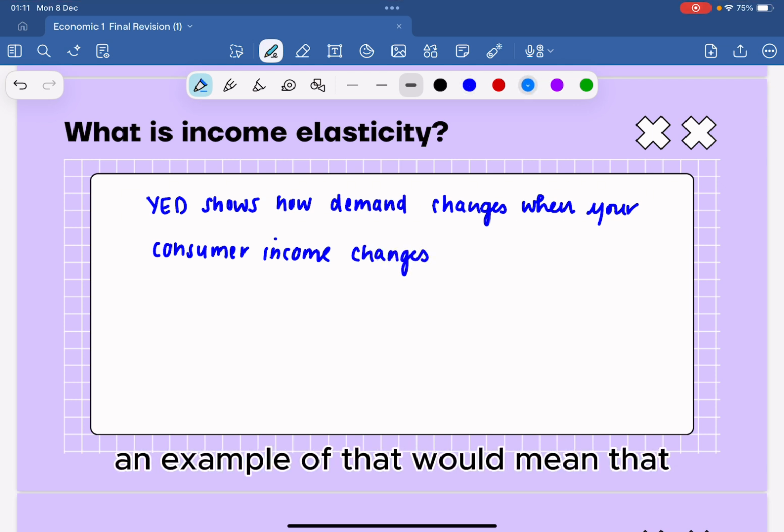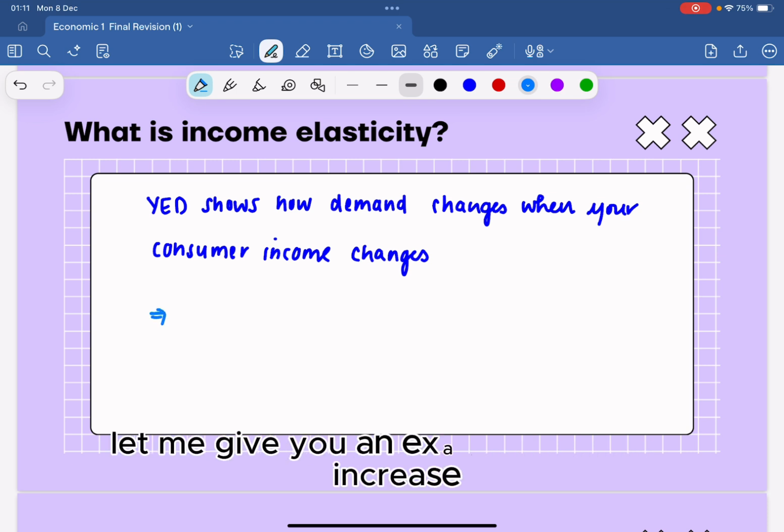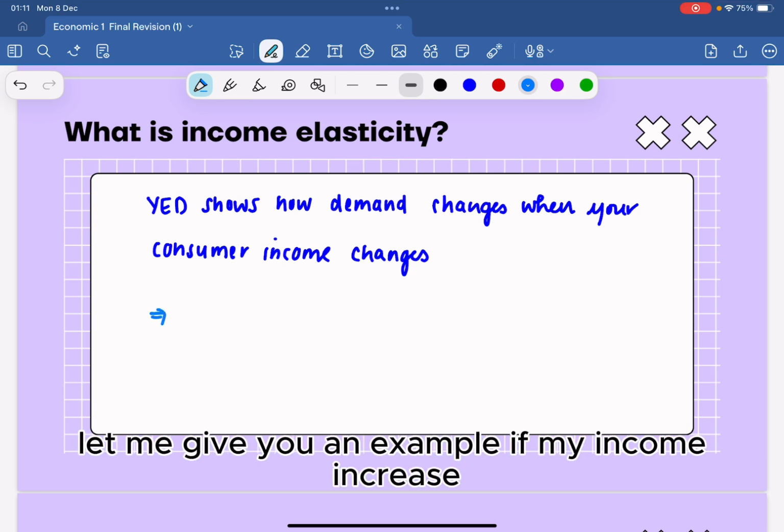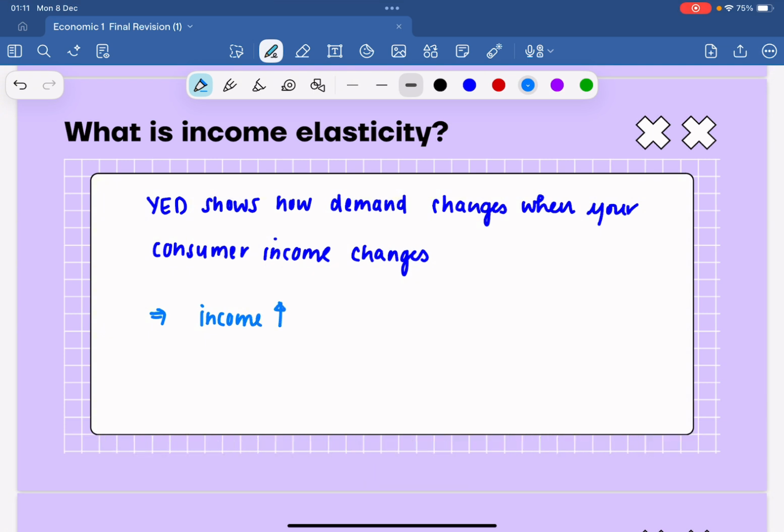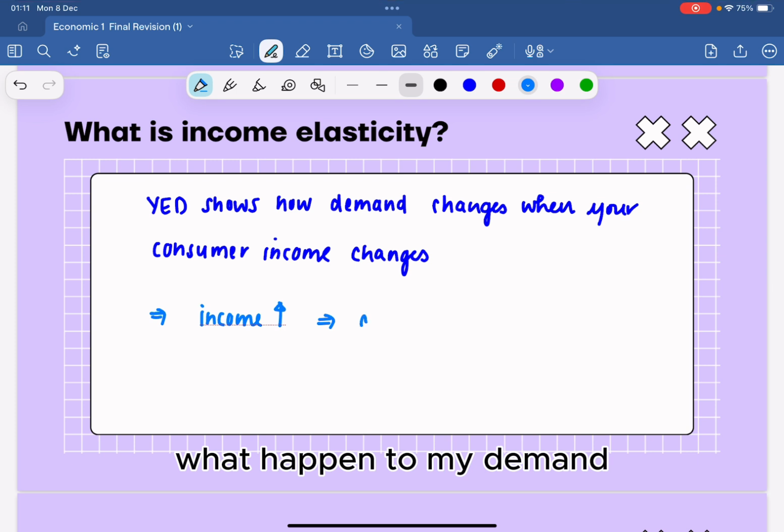Let me give you an example. If my income increases, what happens to my demand?